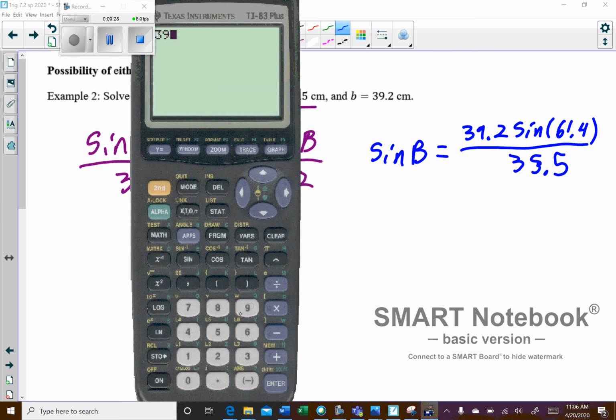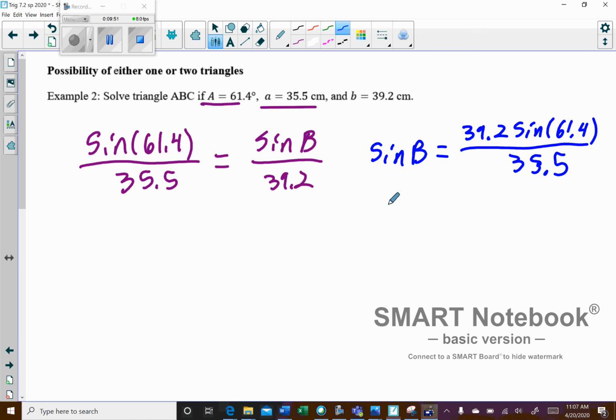So let's see, 39.2 times sine of 61.4, and then we'll go ahead and divide that by 35.5. Okay, so we get 0.9695. Let's just round it to that.